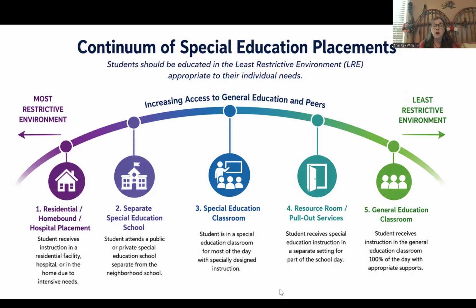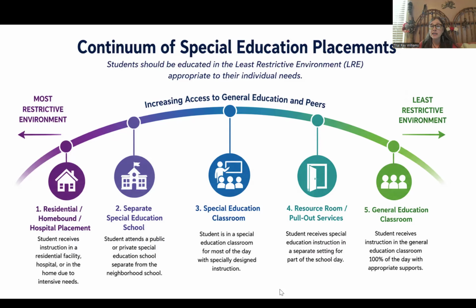That does not mean that they are not having that inclusion and participation with non-disabled peers. It just means the majority of the day they are in the separate classroom. All right, keep it moving up. The next one would be a resource room or pull-out services. Again, that is in a separate setting, but it is for a smaller part of their day typically. But that is again where they are receiving that specially designed instruction.